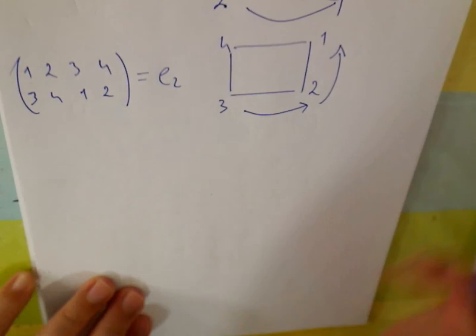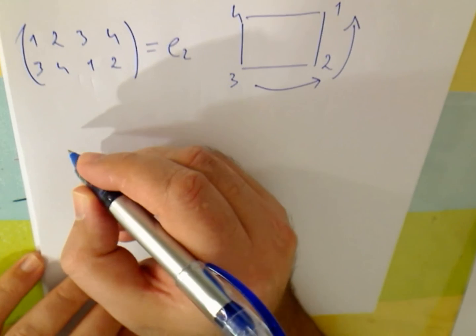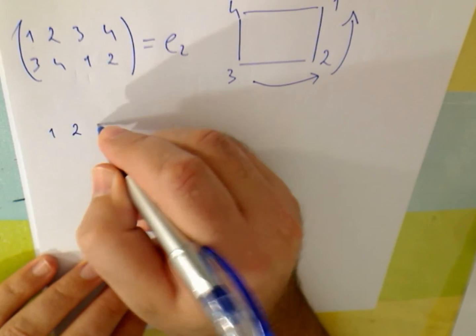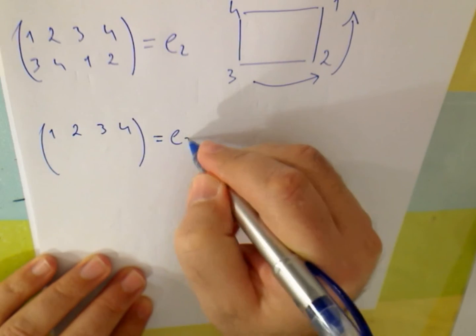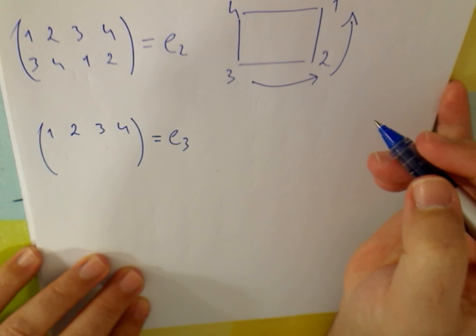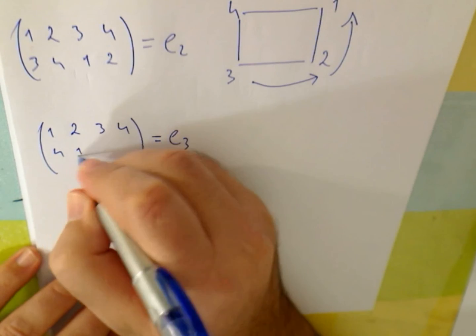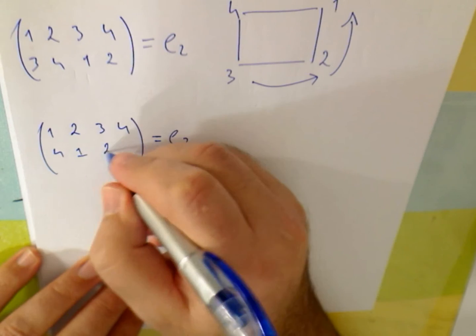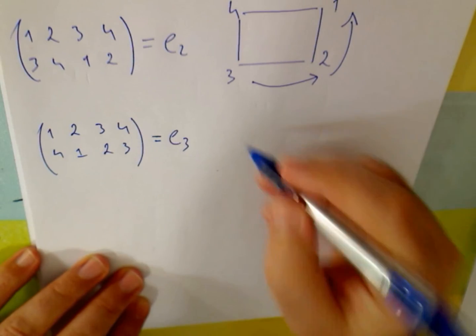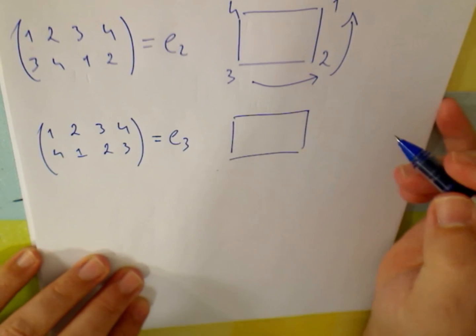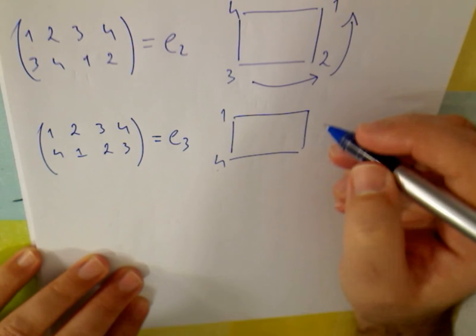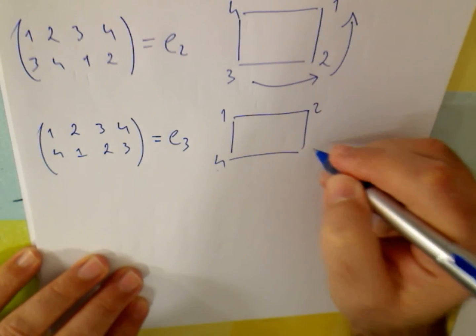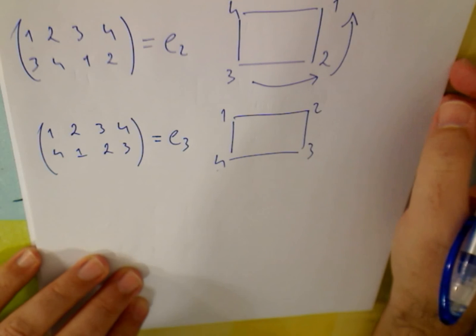And finally we have 1, 2, 3, 4. Rotation 3 will be 4, 1, 2, 3. So now this is 4, this is 1, this is 2, this is 3.